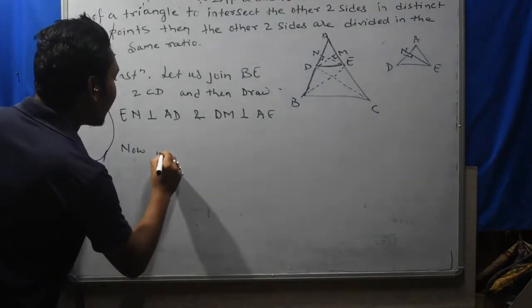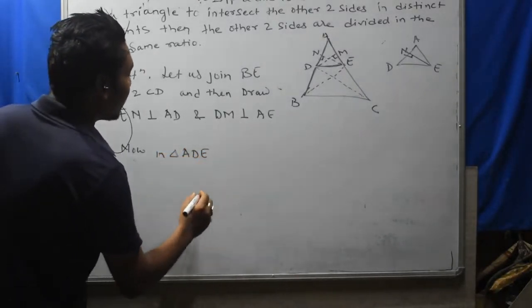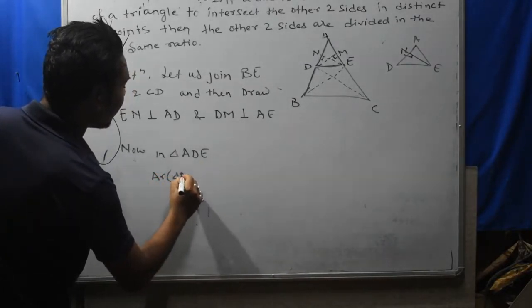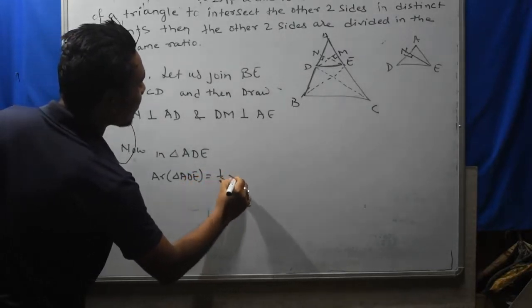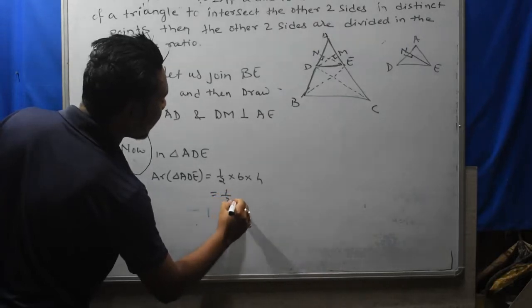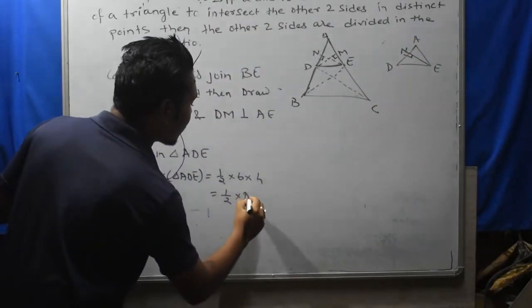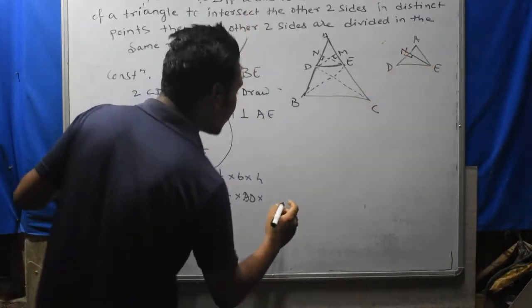Now in triangle ADE, area of triangle ADE is equal to half into base into height. AD is the base. What is the height? EN is the height.